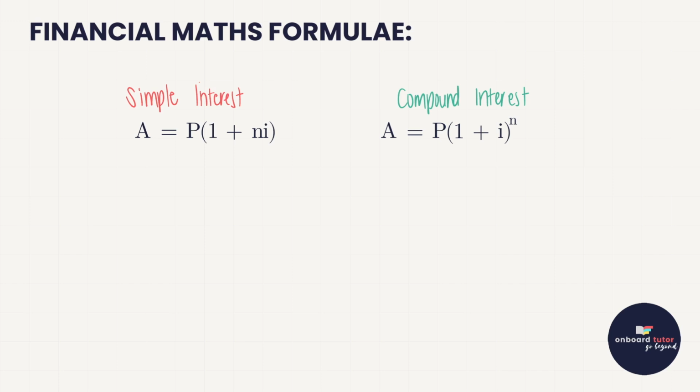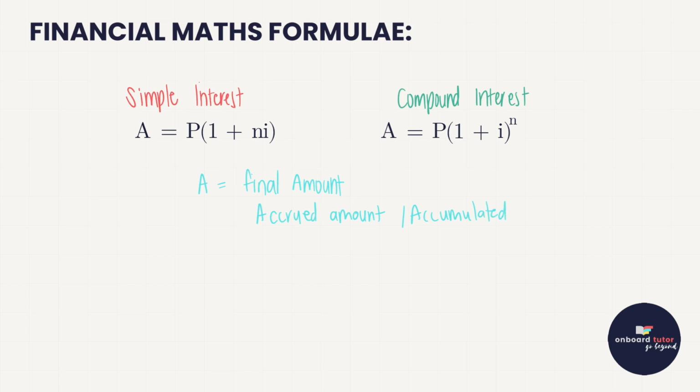Important that you know what each of these letters represents. So A is the final amount. This is also known as either the accrued amount, which is a very fancy word, or the accumulated amount. So lots of different ways to define that A value.